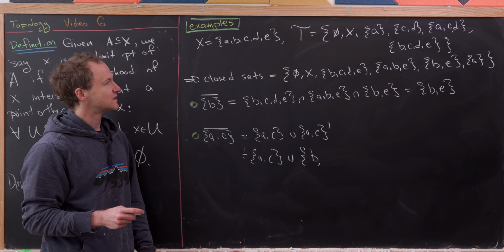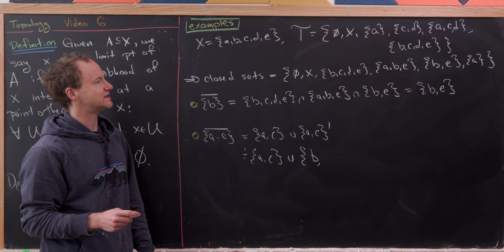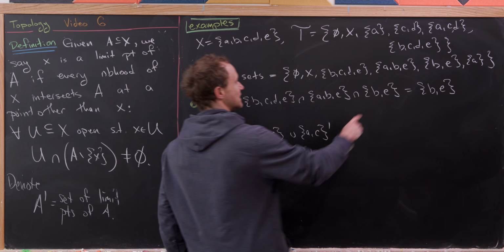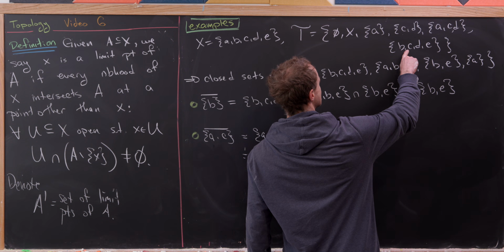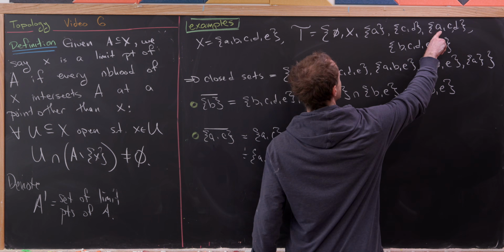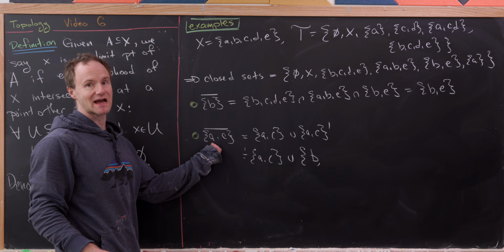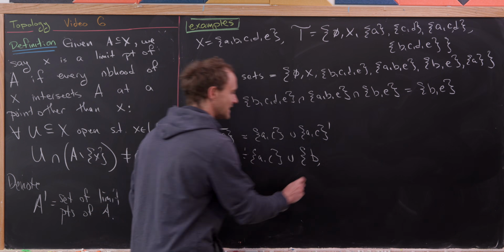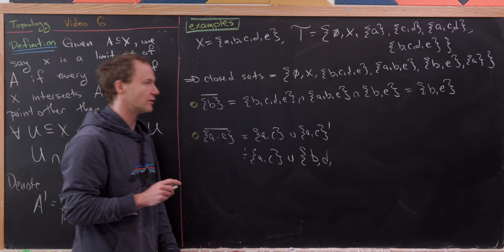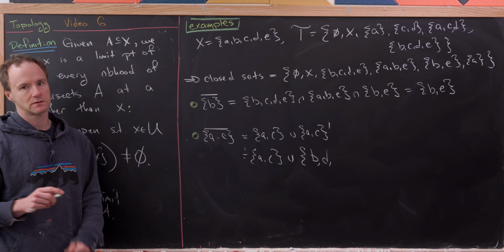Let's move on to D. So let's look at the neighborhoods of D. This is a neighborhood of D, this is a neighborhood of D, and this other one is a neighborhood of D. Notice that they all intersect our original set, meaning that D is also a limit point. Now let's do one more.